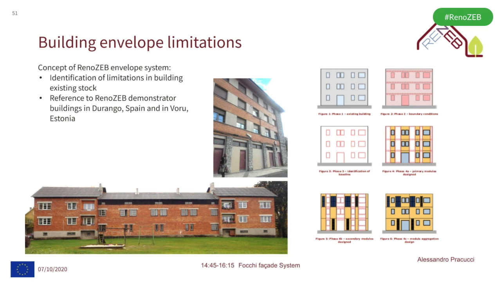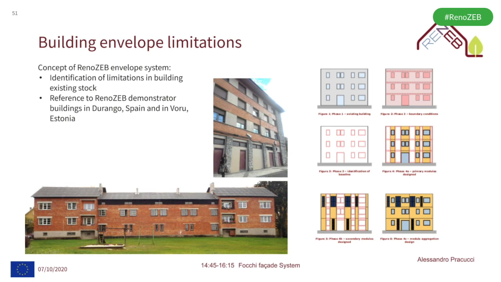Obviously, these conditions define differently the design we can achieve with the RenoZEB panel. In particular, the openings represent a limitation for our modules, and we have considered this limitation as the starting point to define the RenoZEB facade solution.